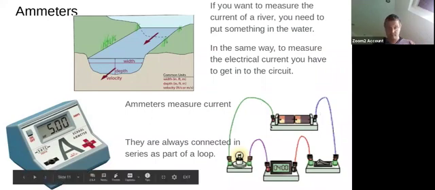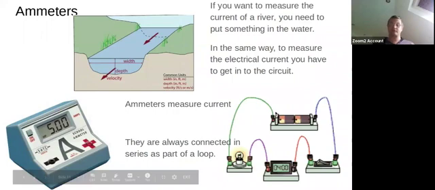We'll talk about that more next week. But ammeters have to be connected in series as part of the loop. Now, I'll give you the contrast of that a bit later when we look at voltmeters, because voltmeters are different, but ammeters are always connected in series so we can measure the current that is flowing through the wires.